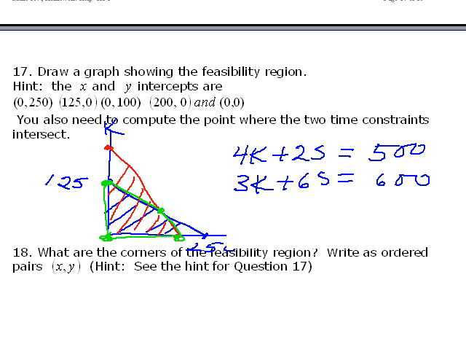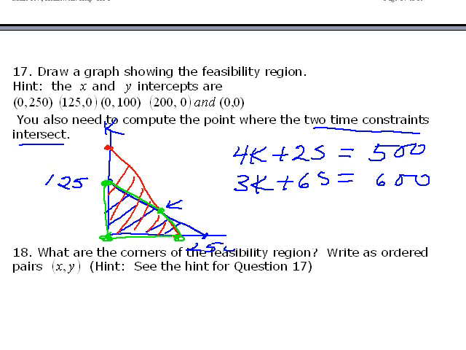You can use substitution, you can use elimination, you can use matrices, whatever you want. You find the values of s and k where they intersect, and that will give you this value right there. You also need to compute the point where the two time constraints intersect, and that would be this point right here. And now you have all your corners.